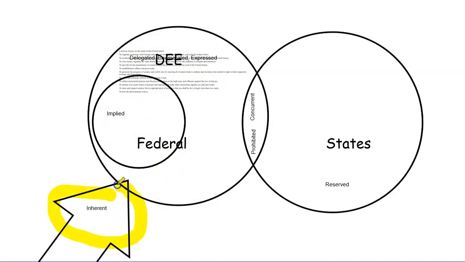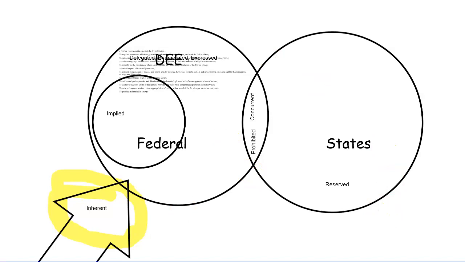This is where things get confusing, is when we have these powers, and I put it in the shape of an arrow pointing at the federal government. Inherent powers are defined as powers that Congress and the president have, and the reason they have them is because they are Congress and the president. Okay, so that may just make no sense to you.